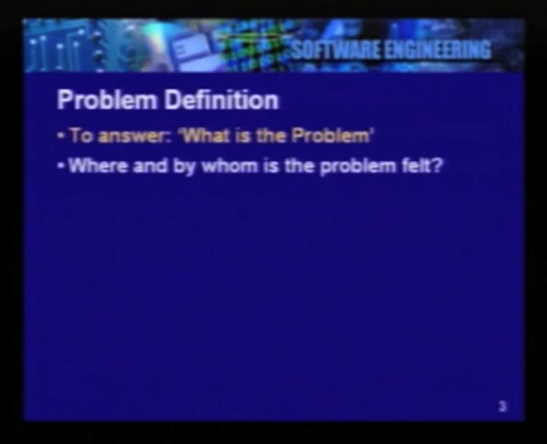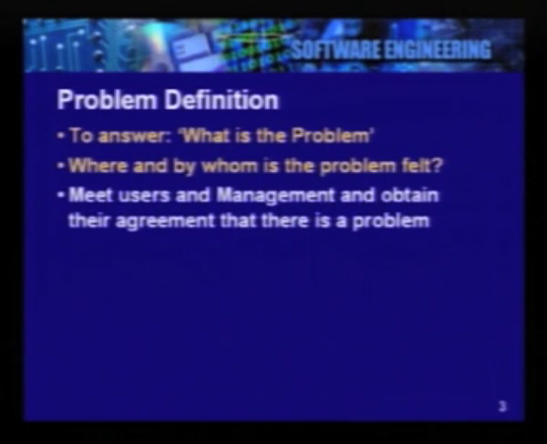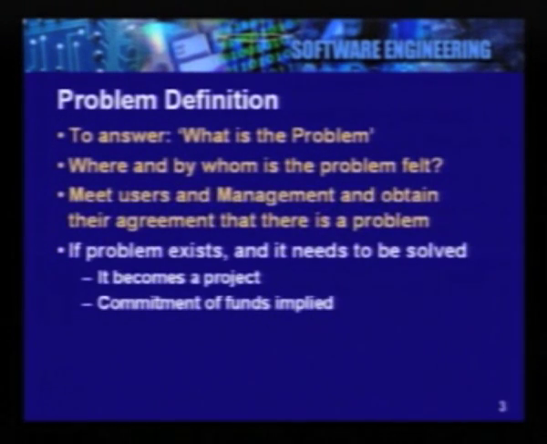So, the idea in this particular phase is to meet users and the management and try to establish that there indeed is a problem to be solved. If all agree that there exists a problem and it needs to be solved, then it becomes a project. It becomes a project to be implemented either through software or whatever other means.